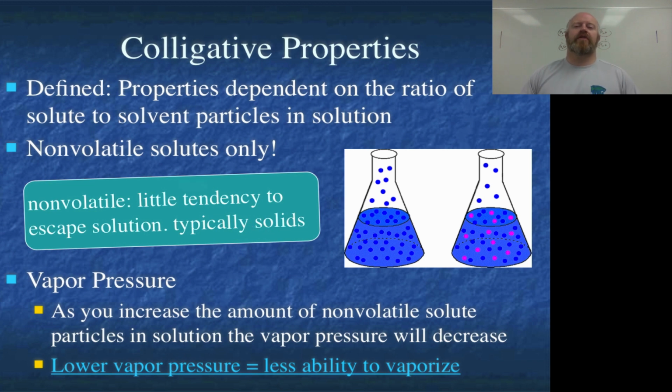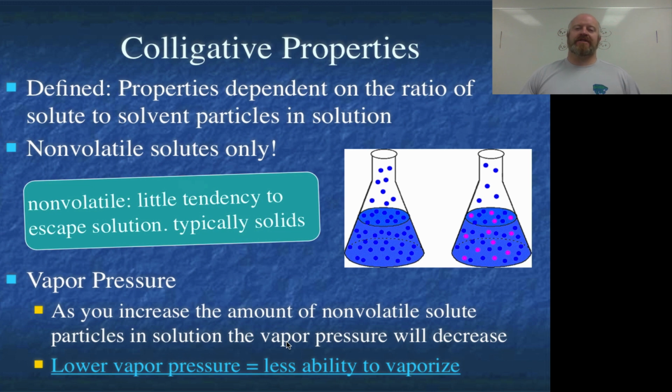So one of the things that adding solute does to our solvent in terms of colligative properties is it changes the vapor pressure. As you increase the amount of solute in the solution, the vapor pressure will decrease. If you can imagine, water molecules have to work together to generate this vapor pressure, or basically they have to work together to push back against the atmospheric pressure at all times.